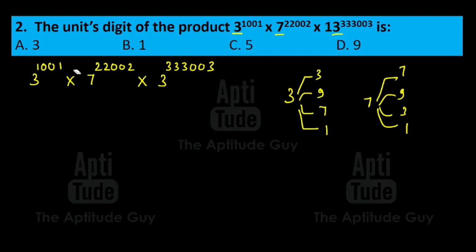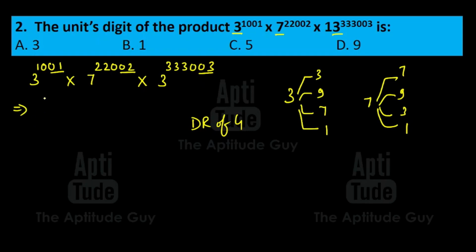That means we need to divide the powers by 4. And we already know the divisibility rule of 4. Divisibility rule of 4 is that we only care about the last 2 digits. So do we care about the entire number? No, we can directly take the last 2 digits. That is how we save our time.